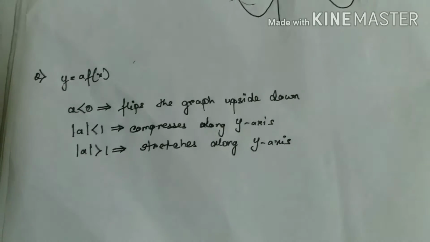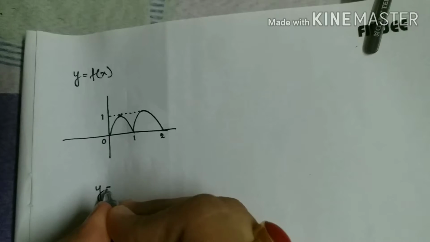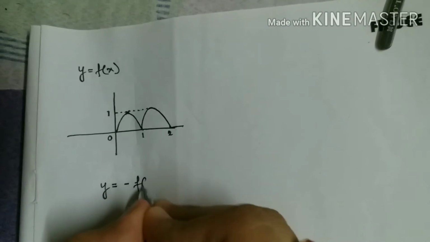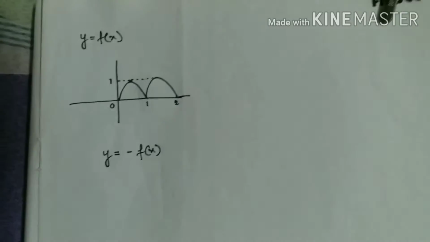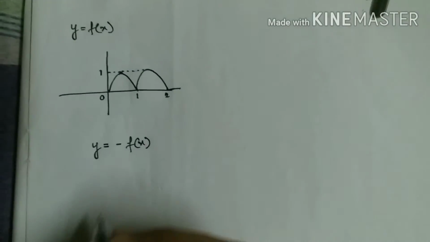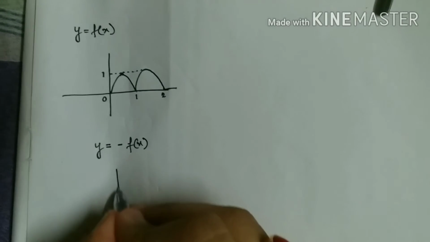Okay? Now suppose you are given y is equal to f(x), the graph is this one. Now suppose I ask you what is the graph of y is equal to minus f(x). So a is equal to minus 1. What to do? Just flip it upside down.